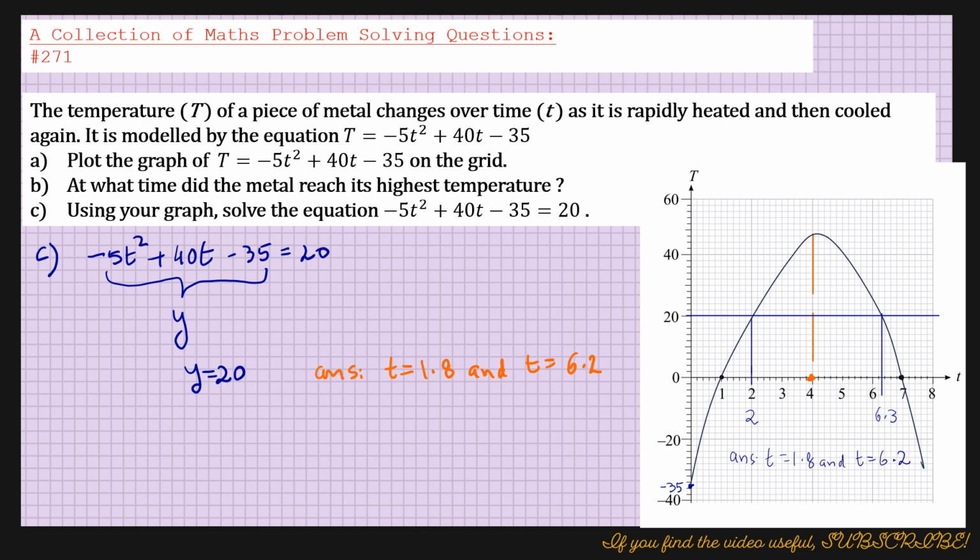The correct answer they have given is t equals 1.8 and t equals 6.2. So I'm not wrong. Plus or minus 0.2 is the allowed error, and I'm within the error margin.